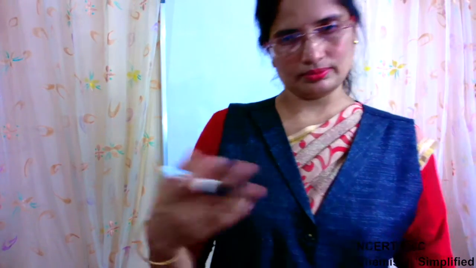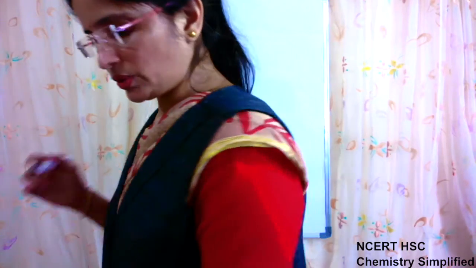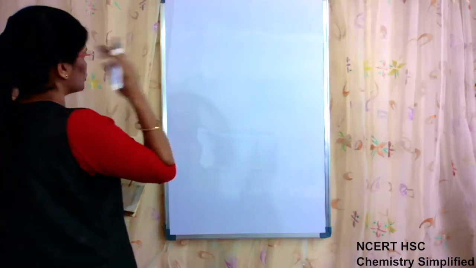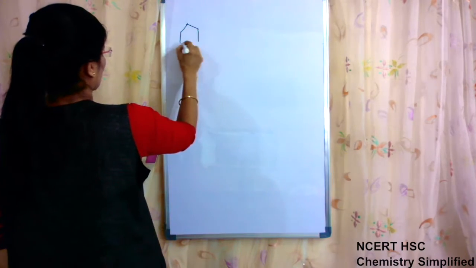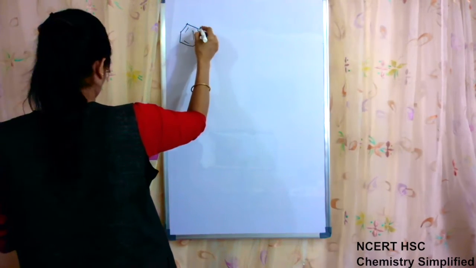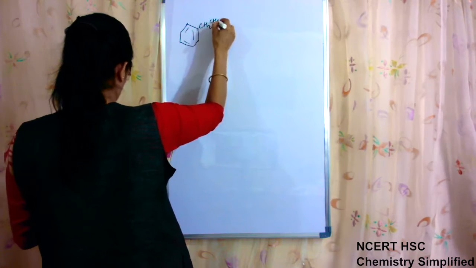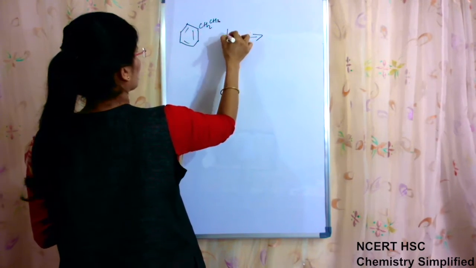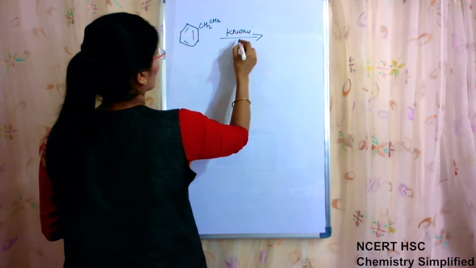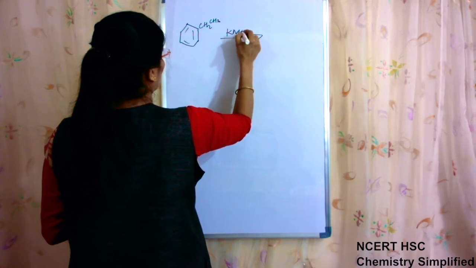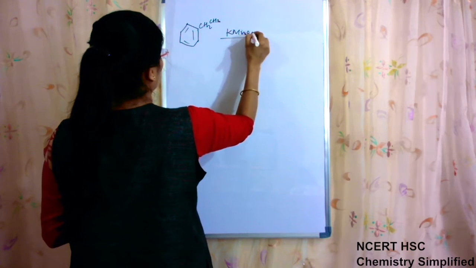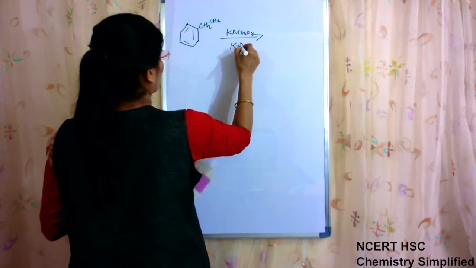Now some other sort of questions. Complete each synthesis by giving the missing starting material, reagent or product. Reactions are given generally and you have to complete those. So you will take a few reactions. Try to identify which reagent can be used here. CH2CH3 with KMnO4 and KOH.